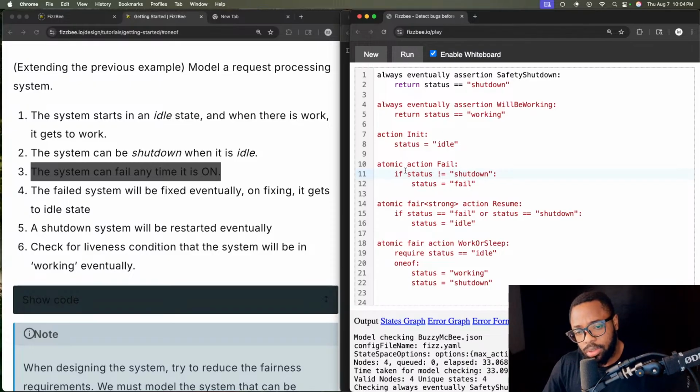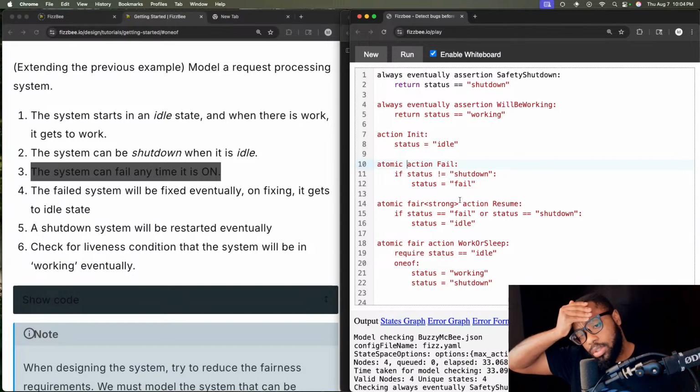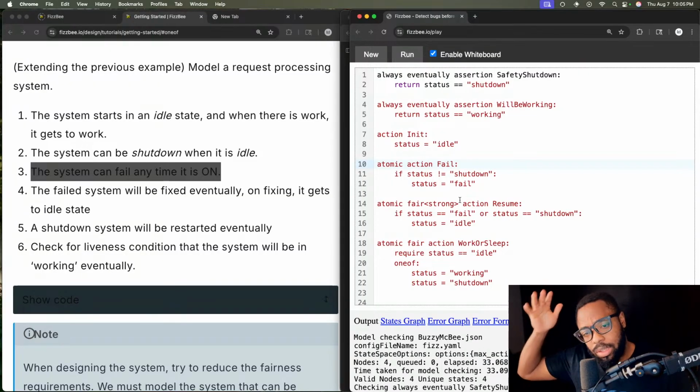Well, okay. In this particular case, because there's no fairness, again, if a system chooses to not be shut down continuously, then there's nothing, like we're not saying that it will be unfair to transition to fail, which makes sense in practical terms.